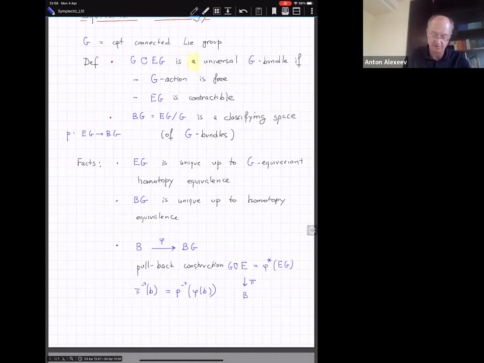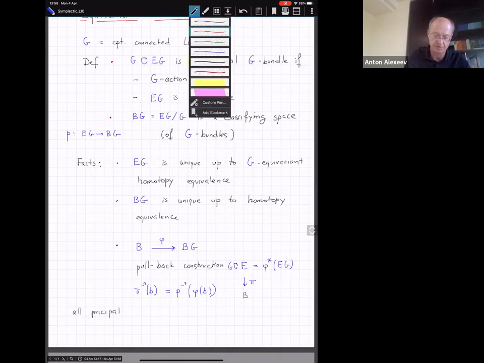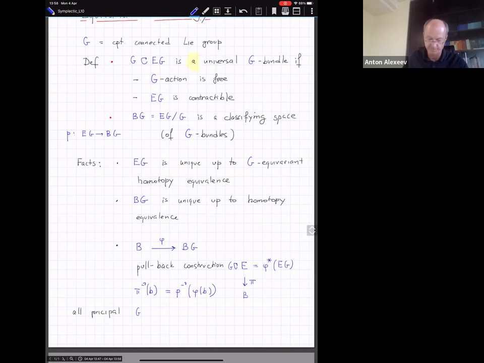And it turns out that all principal G bundles are obtained in this way.